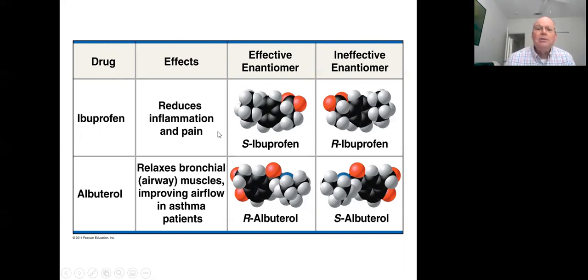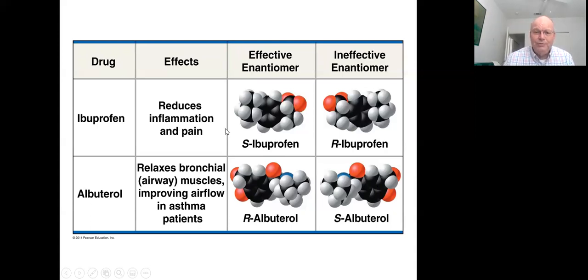It does nothing. So your inhaler actually contains both forms of albuterol. The R is the one that gives you the relief. The S is just along for the ride because we can't separate them out conveniently at the industrial level. And fortunately, it is biologically inactive. It's biologically inert.